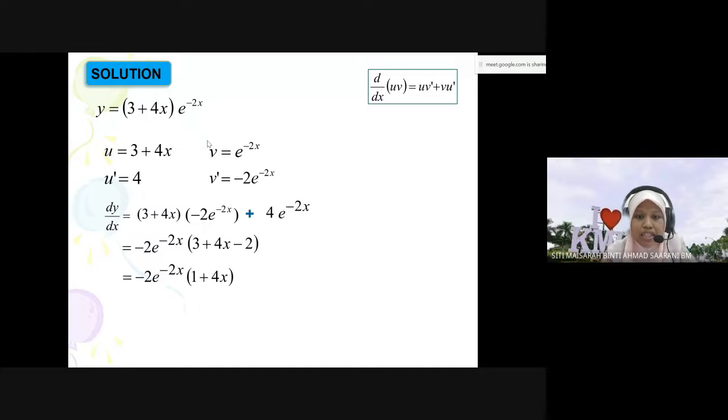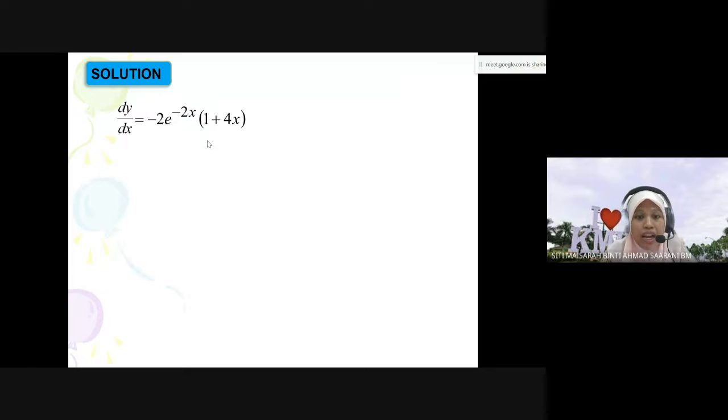This is for dy dx. And then next, it asks us to find the second derivative of y with respect to x. So from this dy dx you have to look again. This is a combination between negative 2e power negative 2x and 1 plus 4x. So negative 2e negative 2x is exponential. Sorry, exponential. 1 plus 4x is polynomial.